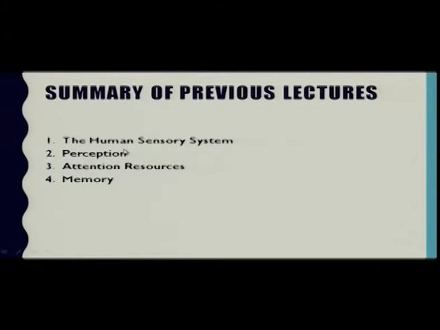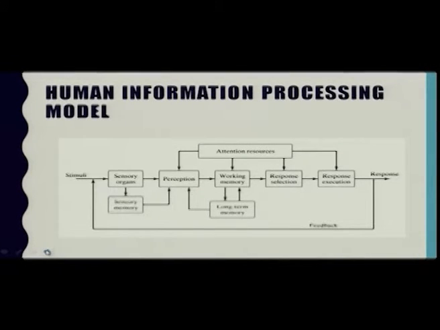so far covered the human sensory system, perception, attention resources and memory. Since we are following this particular model, so far we have completed our understanding of sensory organs, sensory memory, perception, working memory, long term memory, attention resources, and now what is left is response selection and response execution.